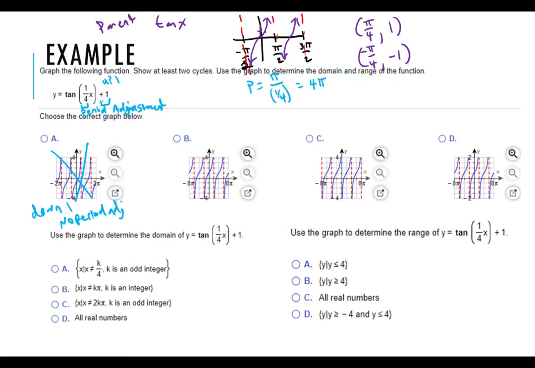Then I see that B, C, and D all have shifts up. But notice the scale on D. Notice that the scale here has this at 2, which means that that's a 1. And if that's a 1, this is not shifted up by 1. That was shifted up by a half. And so I know now that D is out.